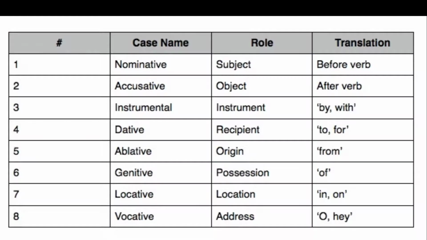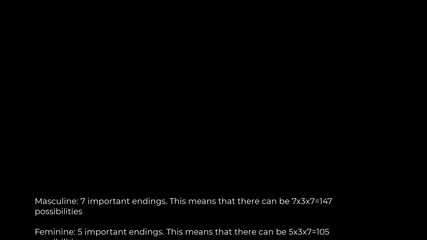Just to let you know that knowing the cases is the key in translating Sanskrit into English. See now masculine, there are 7 important endings like e, ur, ow, like that. So I am told there are 7 important ones.